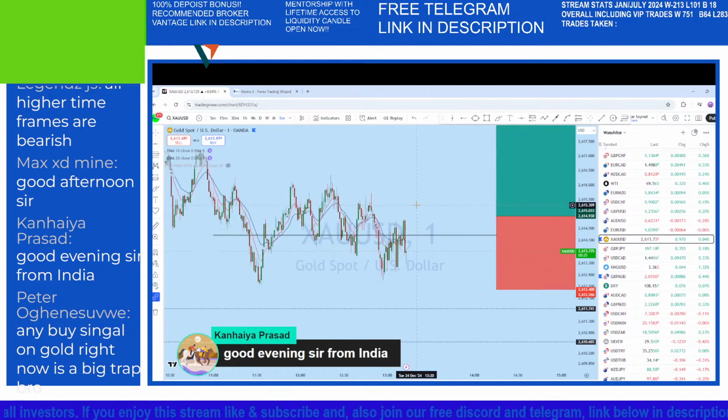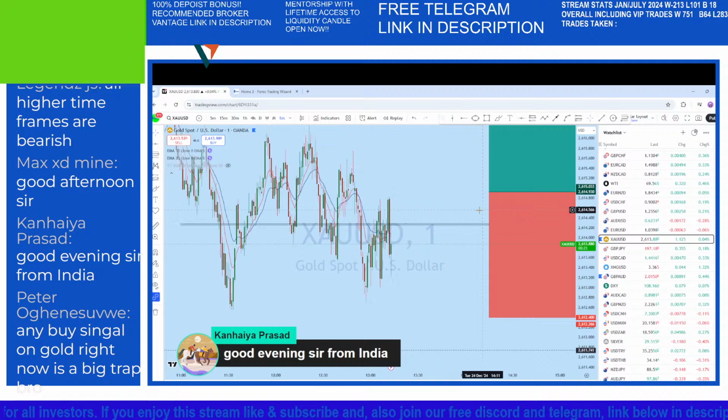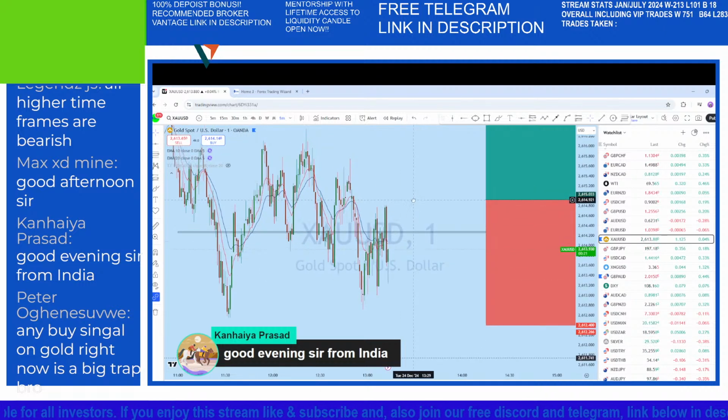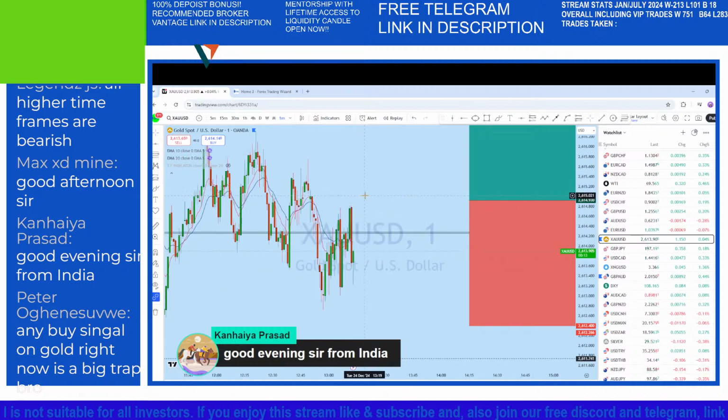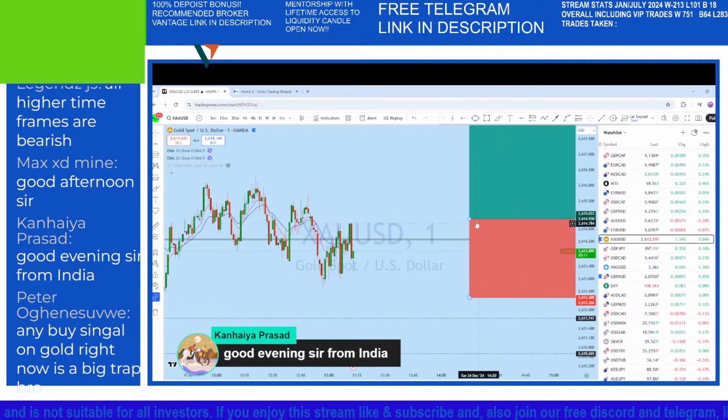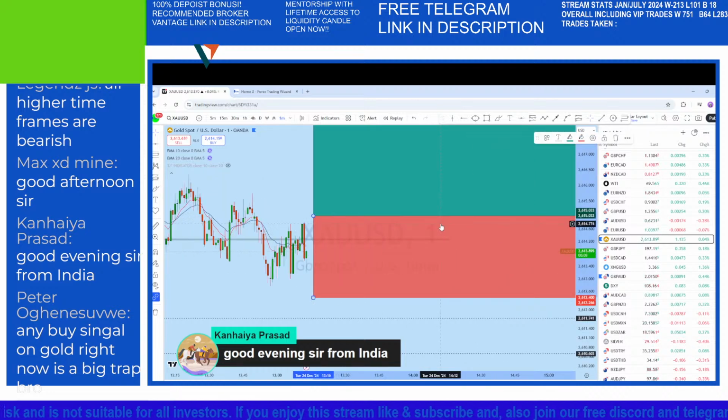So doji here, and with the doji, want to see the market slowly moving up, if it wants to trend to the upside.